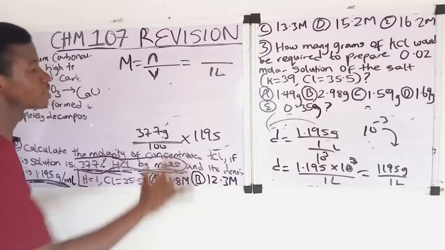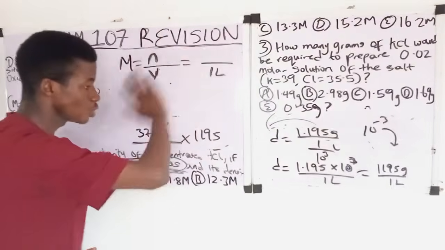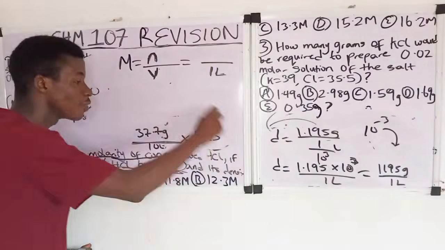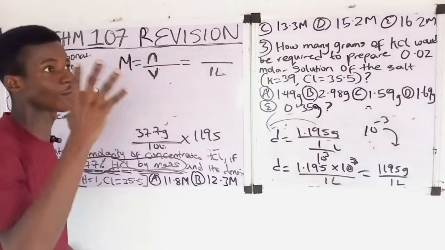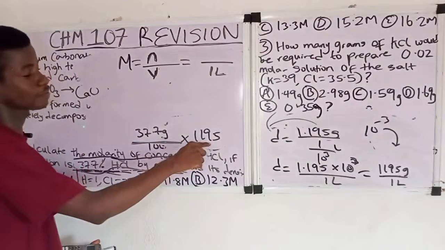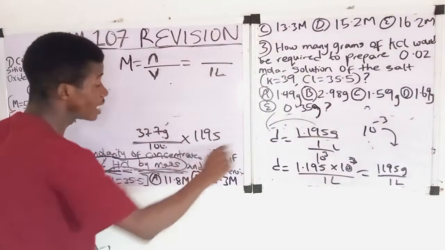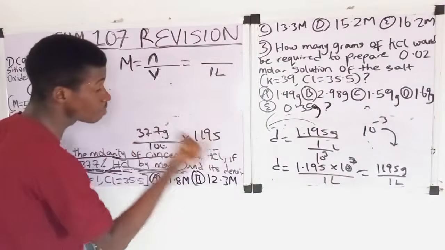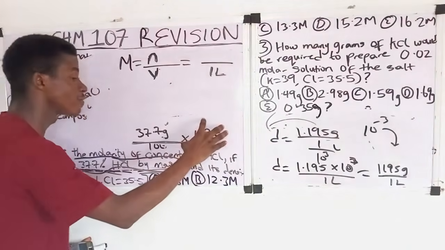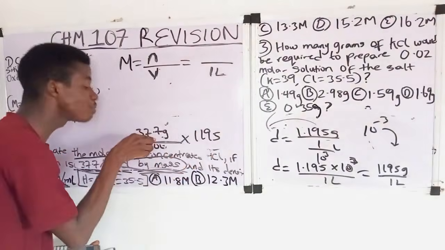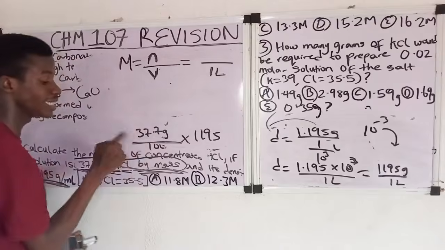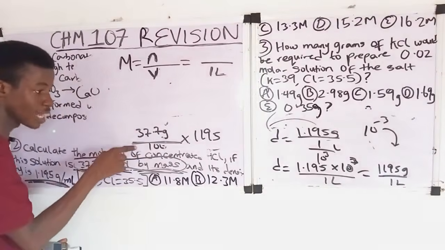Now, let me break it down. The whole mass of this solution is 1195, right? Out of 100%, 37.7% of the mass of this solution is hydrochloric acid. So that's why I do it like this.